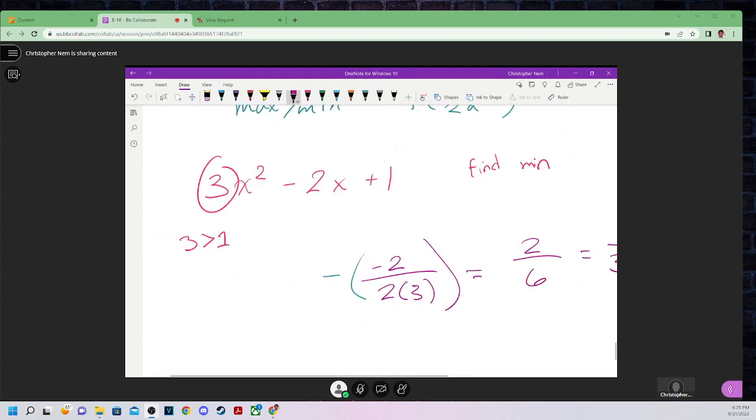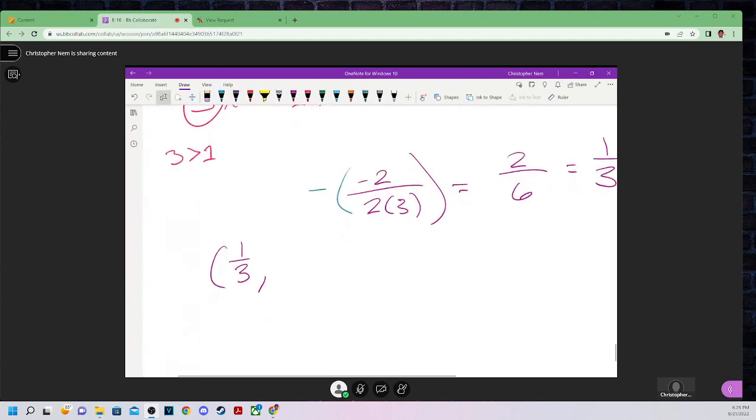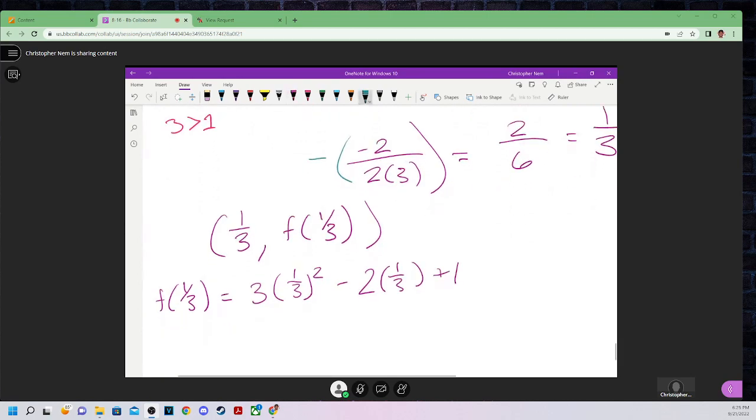So your h value, we already have part of the vertex. The vertex is located at 1/3. We need to figure out what that last value is. To calculate that last value, do f of 1/3, which is 3 times 1/3 squared minus 2 times 1/3 plus 1. I have to do the exponents first.